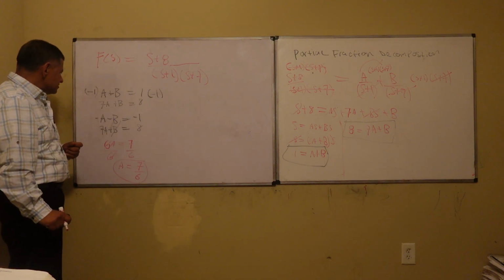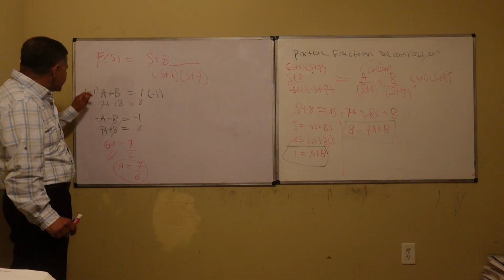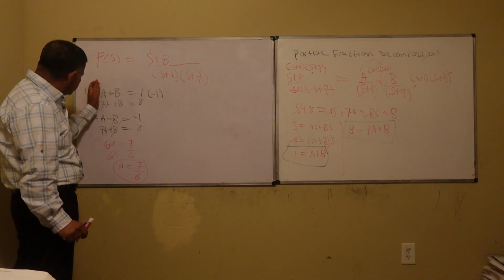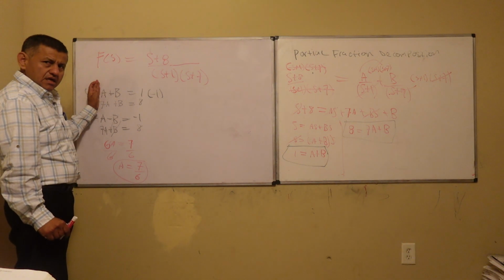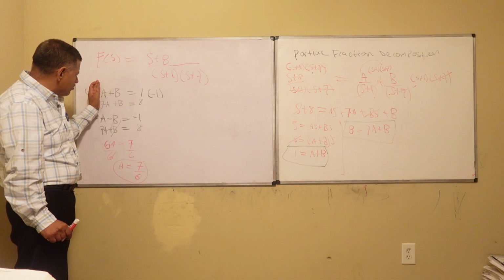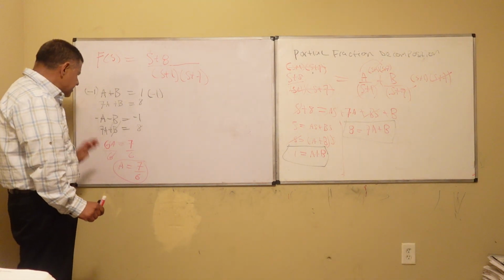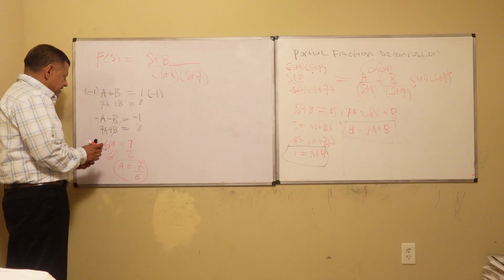Now I can go back to one of the original equations and solve for b, and I am done. Easy. Now let's get this done.